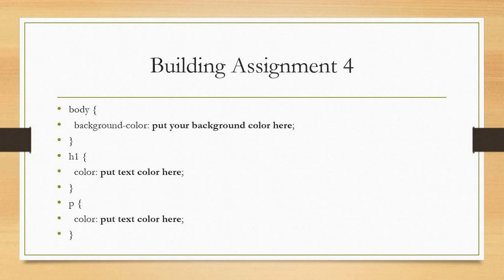Next, we need to actually put the information we need within our style tags. We need our body, our background color of what the body will be, our header, what our header color will be, our paragraph text, and the color that will be. This is the code that you will have to edit for your assignment.